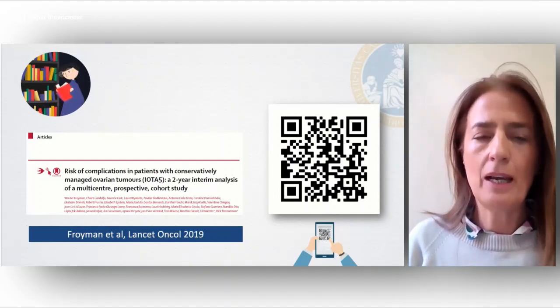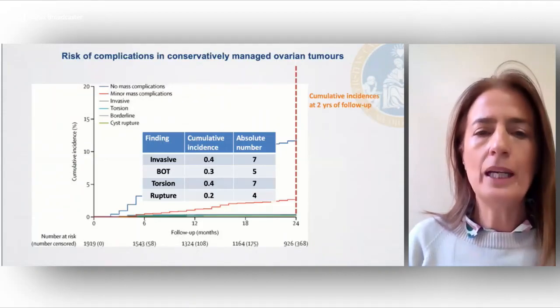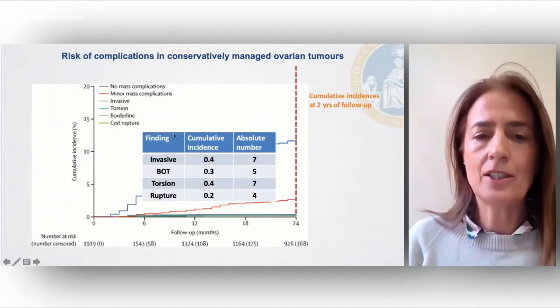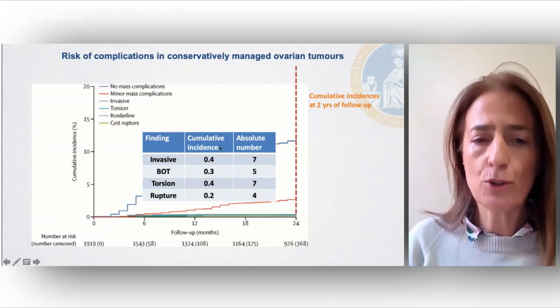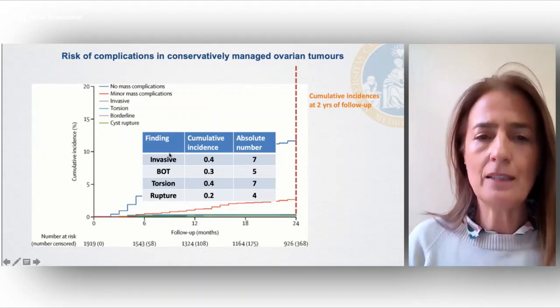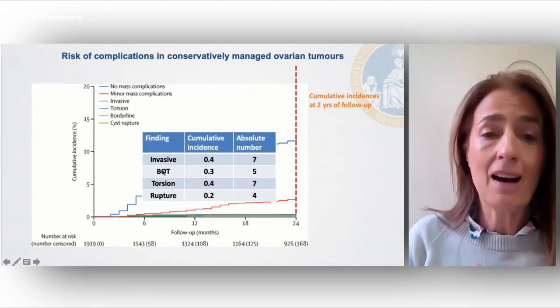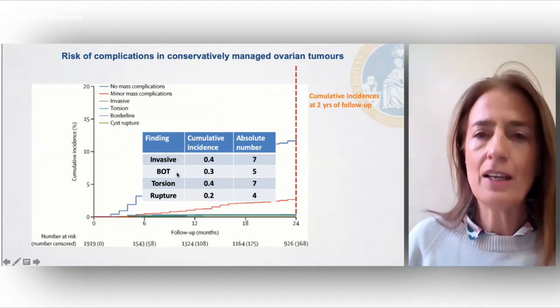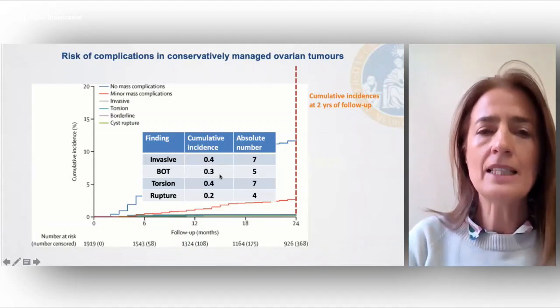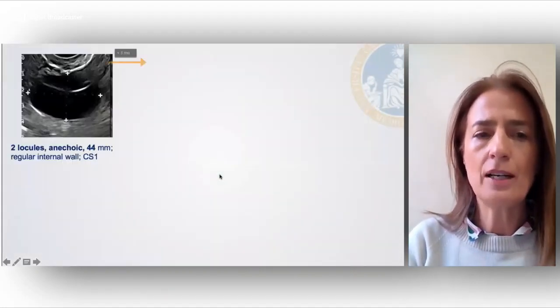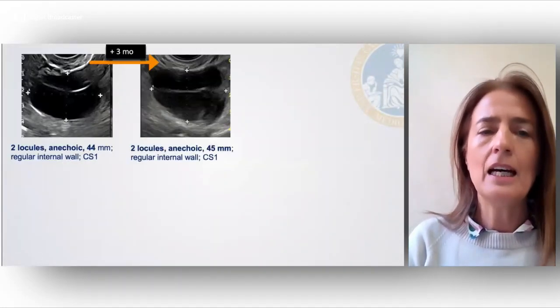In particular, we can move on quickly. We can tell them that there is a very low risk of torsion, very low risk of rupture, and the cumulative incidence to become invasive or borderline is very, very low. So let's look at the natural history of this lady.